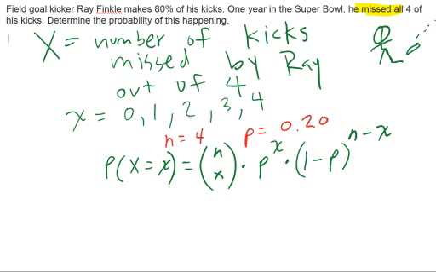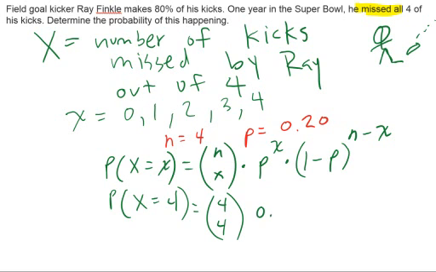We want to find the probability that the random variable takes on the value of 4. So we want 4 choose 4. How many ways can that happen? How many combinations can we get there? That's an interesting one. Then probability of success, 20%, raised to the 4th power times 1 minus 0.8.